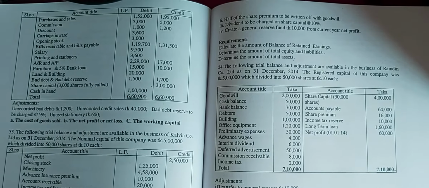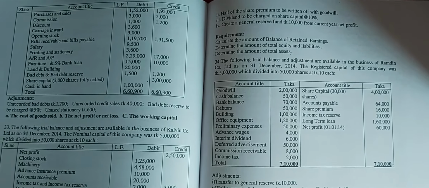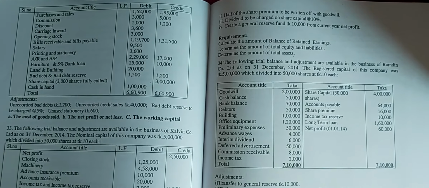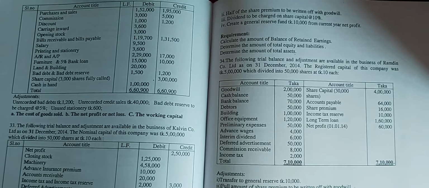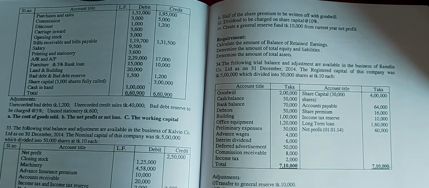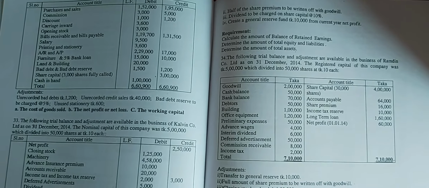Another, adjustment number 4, create a general reserve fund Taka 10,000 from current year net profit. When a new general reserve fund is created, then it is treated at first as an appropriations item of retained earnings statement, and then it is treated as a reserve and surplus item.